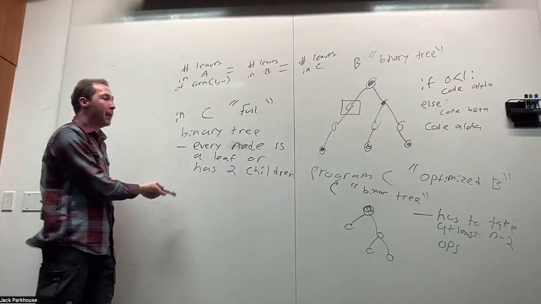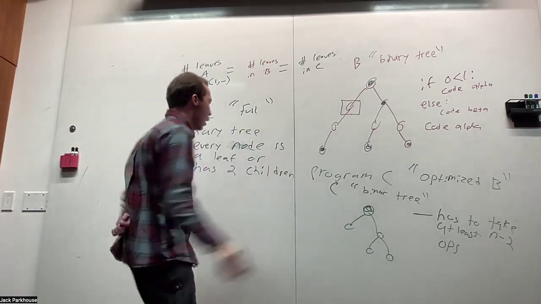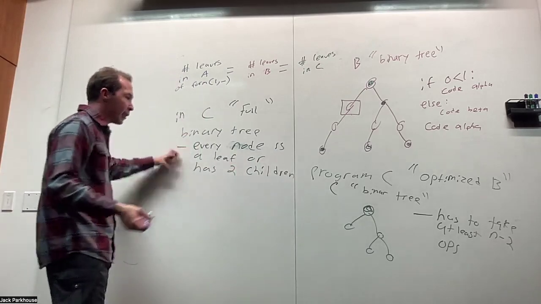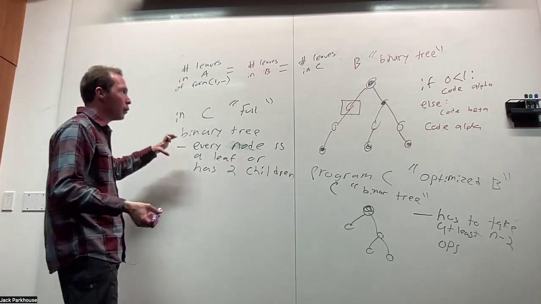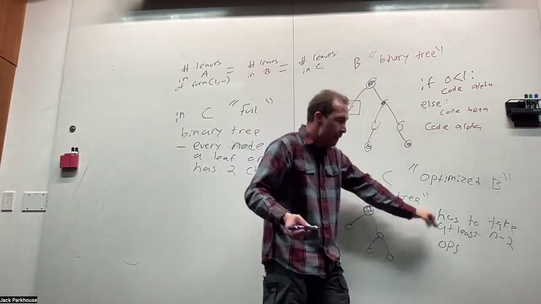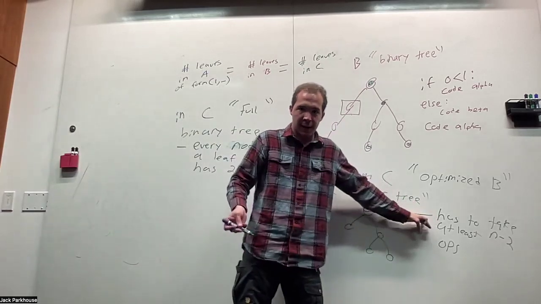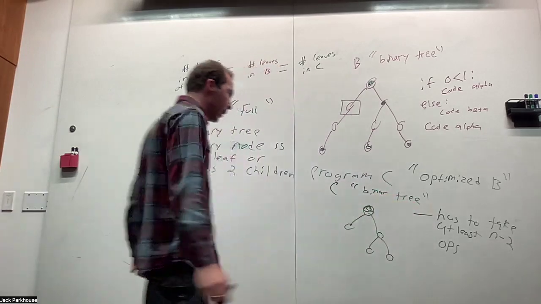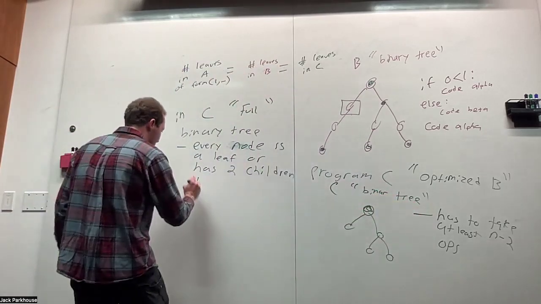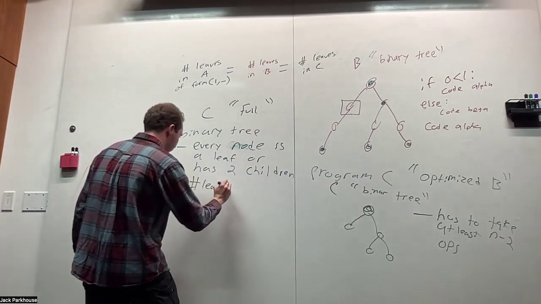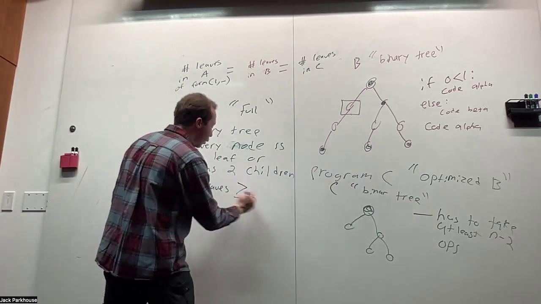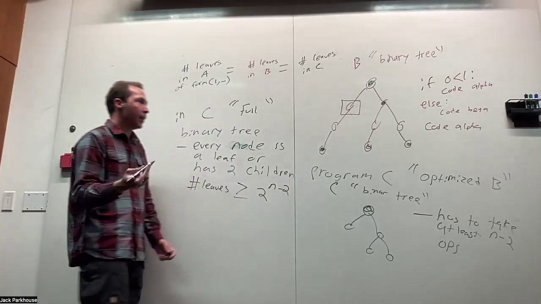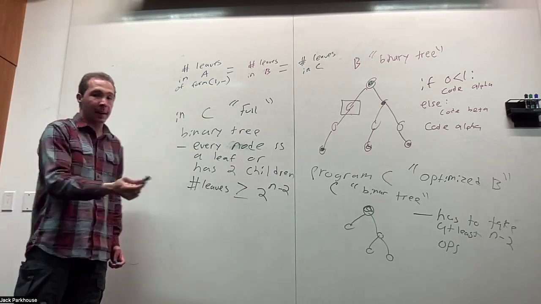Now this gives us the ability to count the number of leaves, since it's a full tree. Since every leaf has to have a path of at least n-2 to get to it, the number of leaves has to be greater than or equal to 2 to the n-2. And that's how we get it.